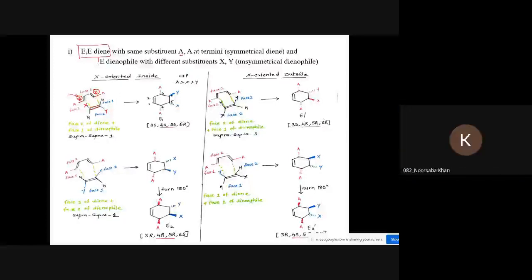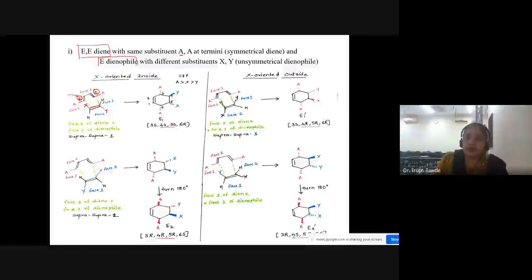And therefore dienophile का भी configuration क्या लिखा है हमने? E लिखा है. Again I'm repeating what we have taken. We have taken a diene which is having two substituents on it, and both these substituents are the same. We have taken only substituent A. Therefore, we call this a symmetrical diene having configuration E, and this is also E.